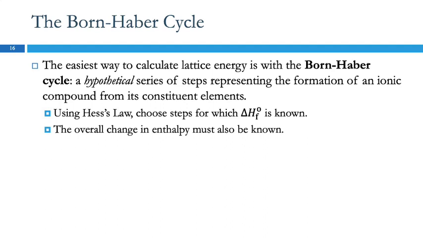So how can you measure lattice energy? Well, the simplest way is with the Born-Haber cycle. So this is going to take advantage of Hess's law. Yeah, chapter 7. Okay, so in a Born-Haber cycle, we've got a hypothetical series of steps.